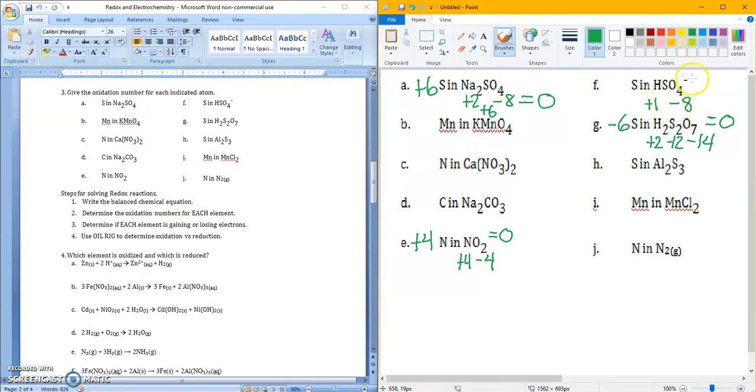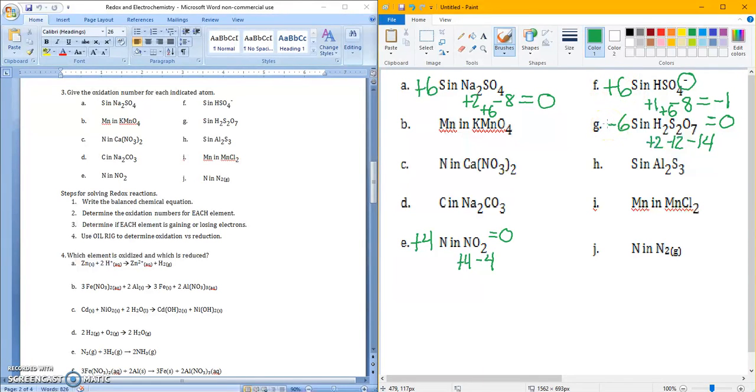Hydrogen is +1. And if I look, this guy has a charge. So he's going to have to equal a -1. So +1, and then if this guy is +6, that's going to give me a remaining charge of -1. So +1 plus 6 minus 8 is -1. So I know that my sulfur has to be a +6.